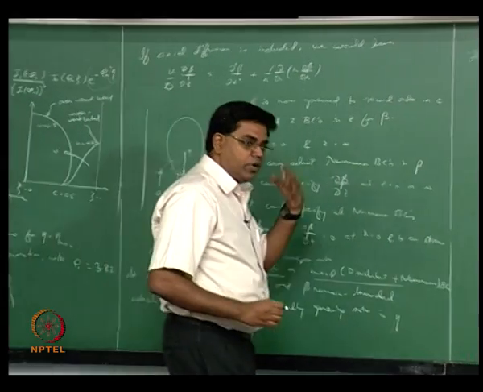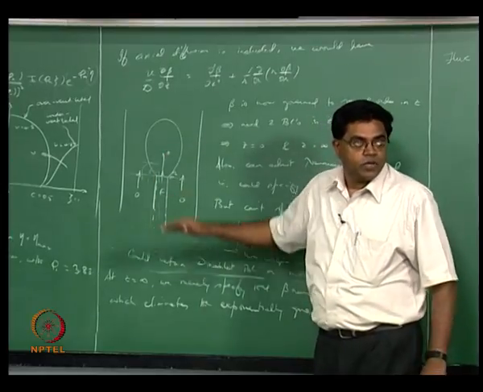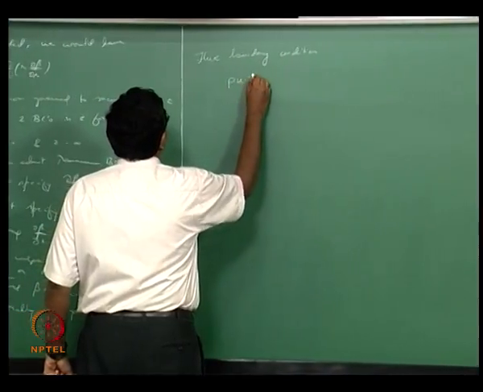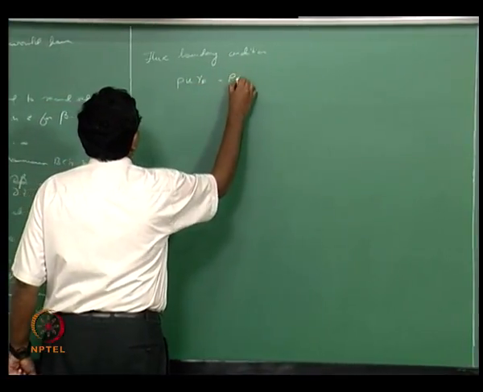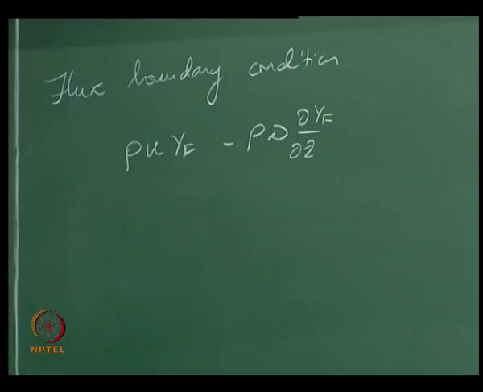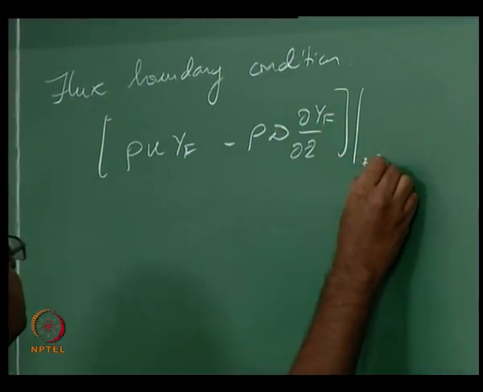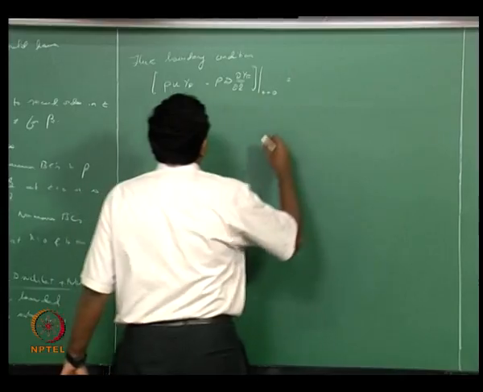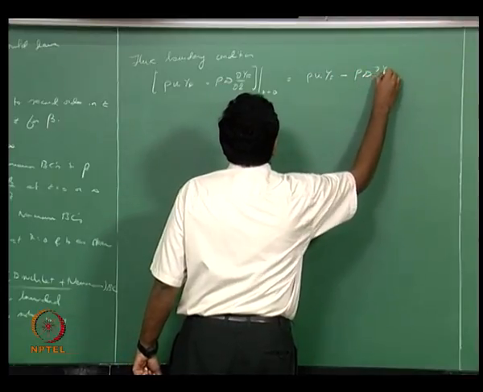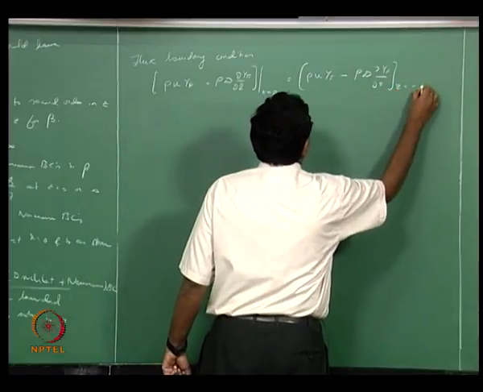So if you now take the governing equations and integrate within this control volume, what you can now expect is we now know that you can say rho u Y_F minus rho D dou Y_F by dou Z, right, at Z equal to 0 should be rho u Y_F minus rho D dou Y_F by dou Z at Z equals minus infinity.